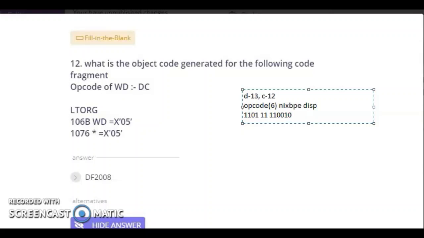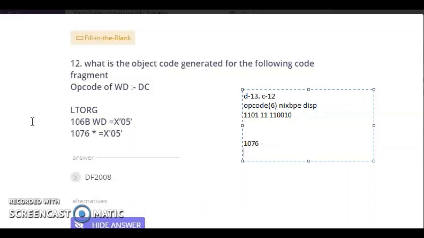Now you need to calculate the displacement field, based on the operand value. Here the operand value X'05' is defined at address 1076, so 1076 is the target address.